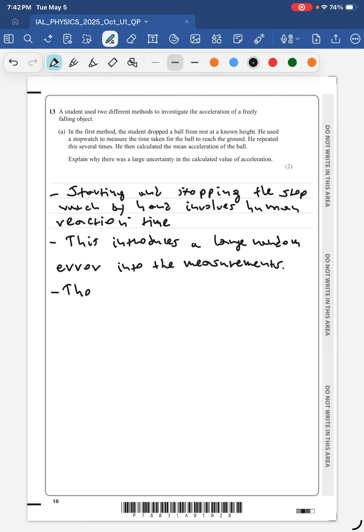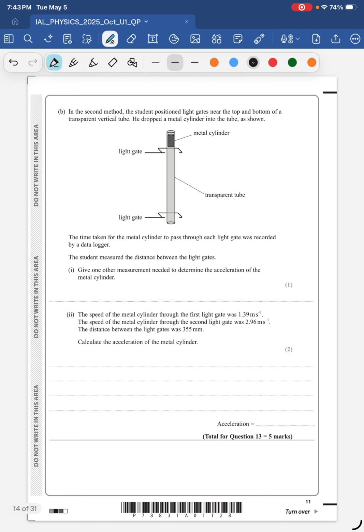Those errors carry into the calculated acceleration. Okay, this is the explanation. So let's move on to part B.